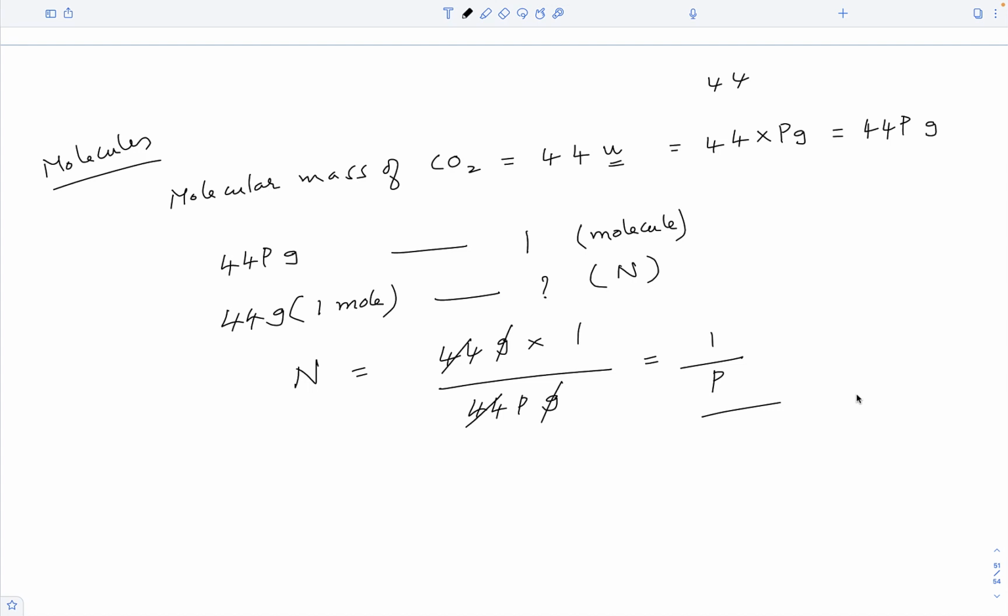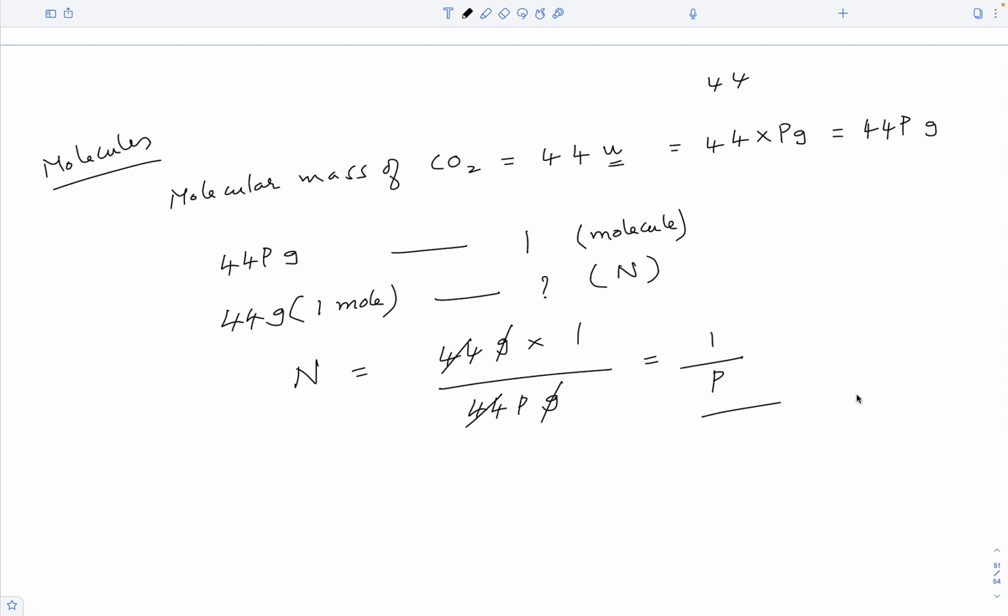And the same as before, we proved that 1 mole of all molecular substances contain the same number of molecules. So if 1 mole of CO2 has 1 over p CO2 molecules, then 1 mole of any other molecular substance also contains the same number of molecules.